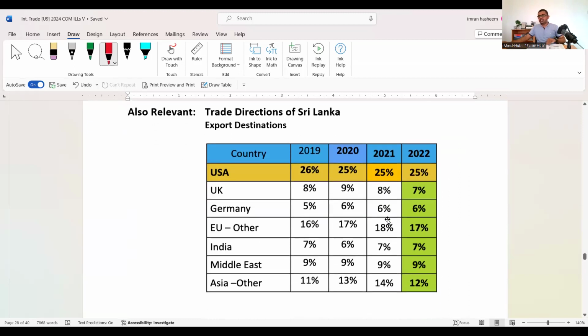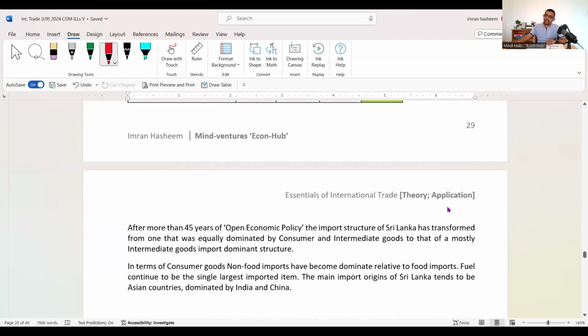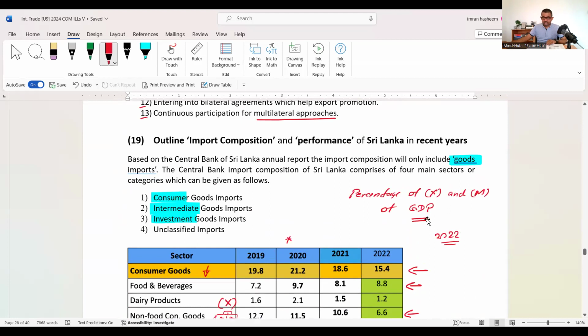Now let's look at the destinations or directions. Why you need to do this is because once you do this, you realize where we have the trade deficit problem, where our income from exporting goods is considerably lesser than the expenditure on importing goods.